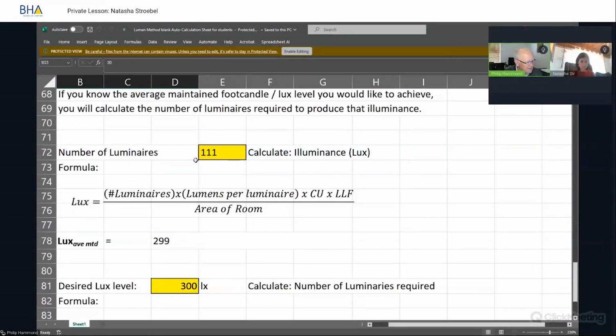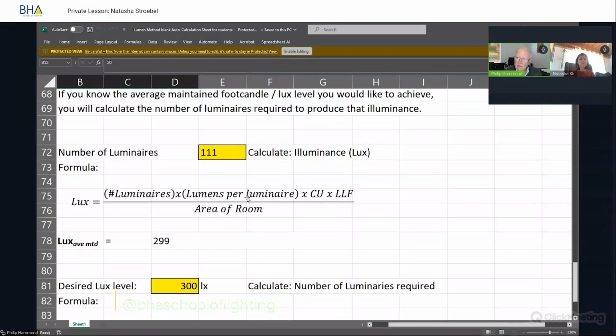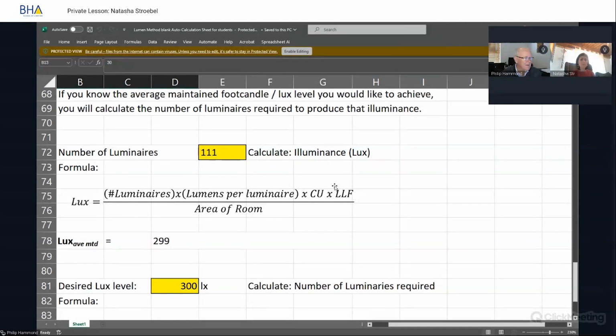So I put the number of luminaires in there: 111 luminaires times the 3,136 lumens that we got from the photometric data, multiplied by the 0.78 coefficient of utilization, multiplied by the 0.46, whatever it is, for light loss factors, divided by the area of the room, the 550, and that will tell you that you're going to get 299 lux, which is good enough. 1 lux short of 300. So, yep, that's fine.